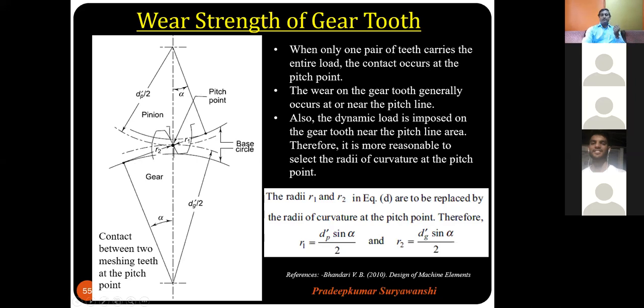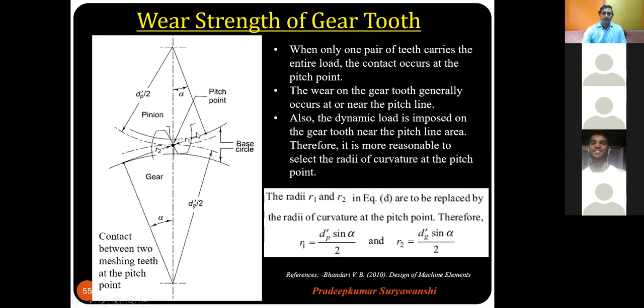but using geometry or trigonometry we can convert R1 and R2 in terms of the radii of the gears, pinion and gear, that is in terms of dp prime by 2 and dg prime by 2. If you look at this triangle, from the center of rotation of the pinion to this pitch point and to the center of this particular cylinder which we have assumed here with radius r1, we consider this particular triangle.